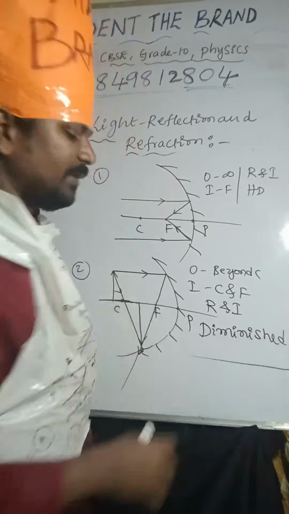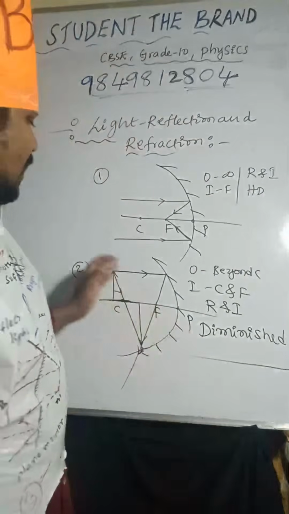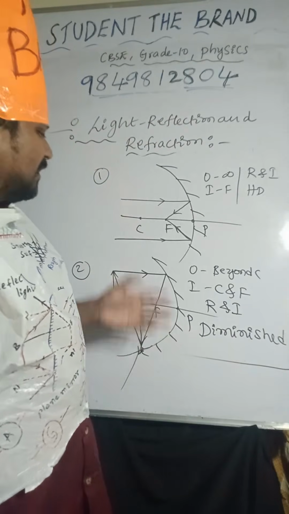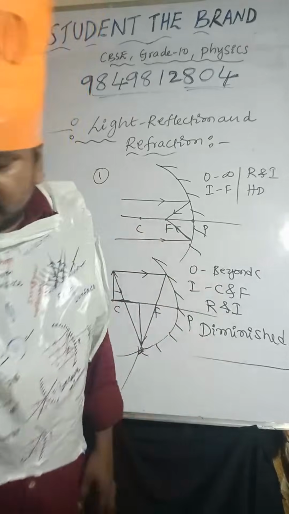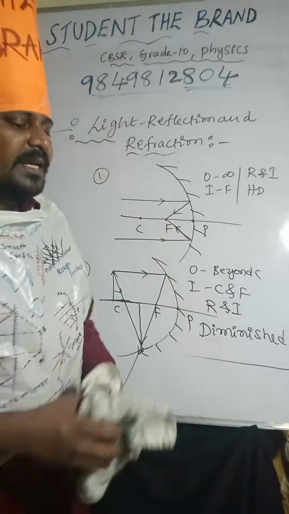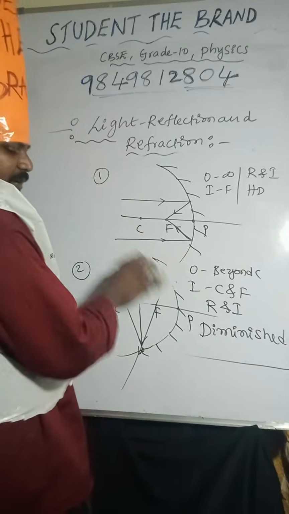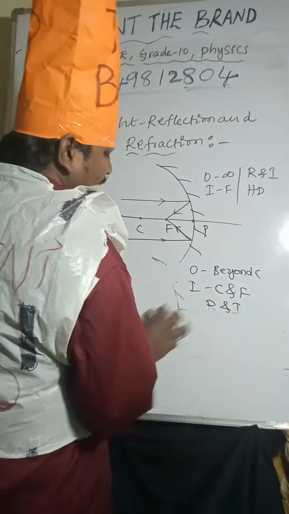Compared to the object, image size is decreased. So these are the two image formations. Next one, we'll discuss about remaining image formations. So be ready for it.